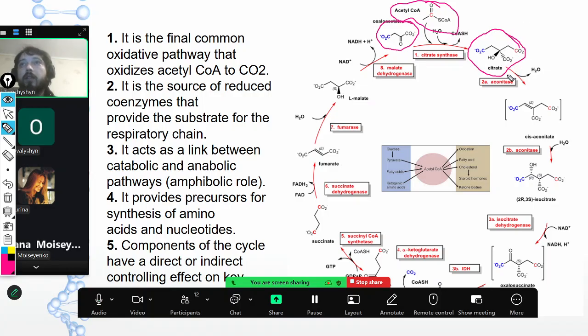So here we have it. Before we had 1, 2, 3, 4 carbon atoms. Now we are adding 2 more carbon atoms. So we have 1, 2, 3, 4, 5, and 6. So 6 carbon atoms. Then as we go through this pathway, we will eventually lose CO2.